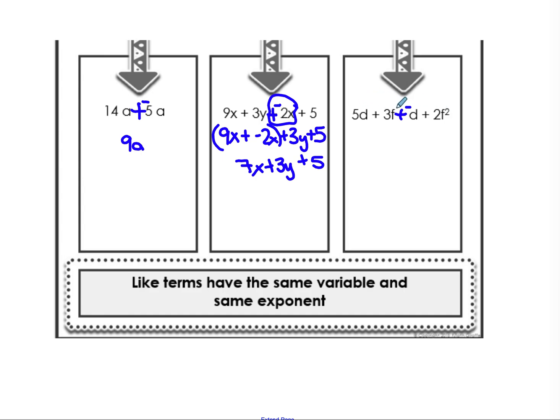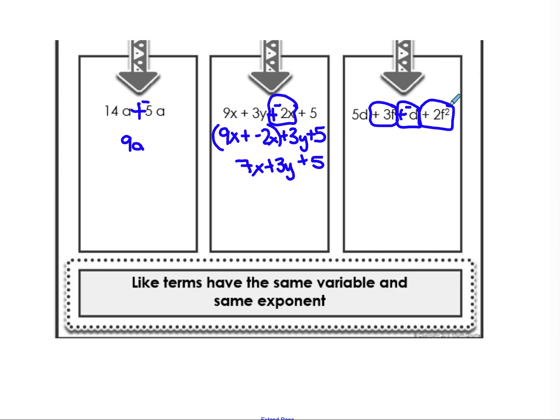And again, if it helps, you can always circle the sign in front of the term, and then you just have to make sure that you move that with your term. So both of my f terms have a plus sign in front of them, they're positive. And my d had a minus sign, which has now become a plus negative.